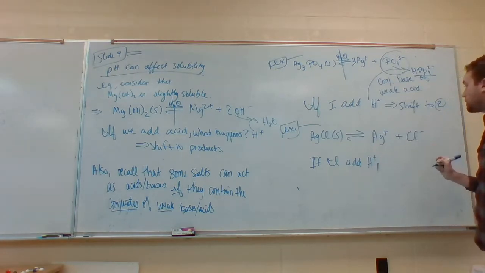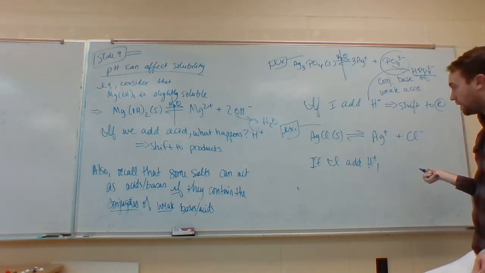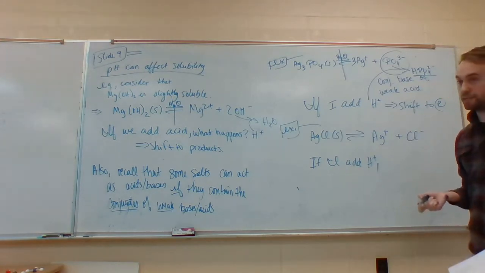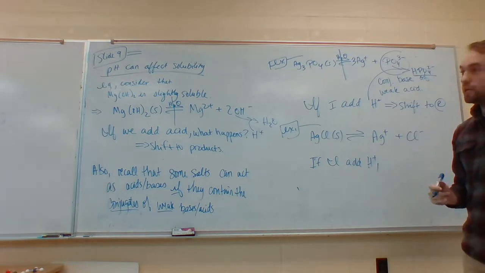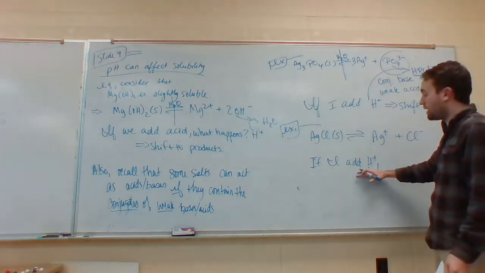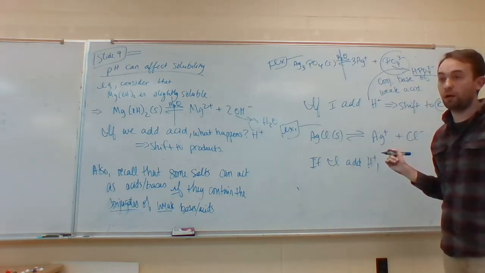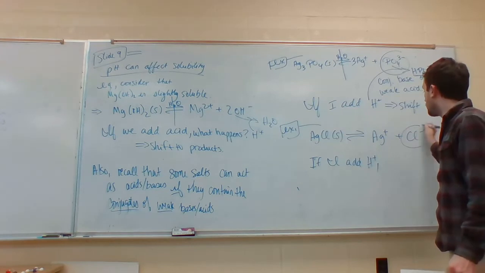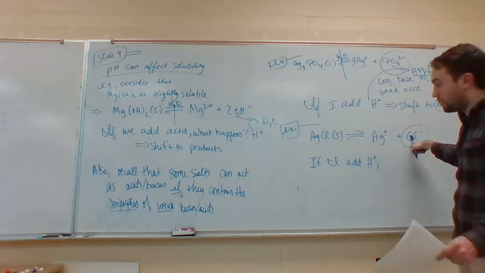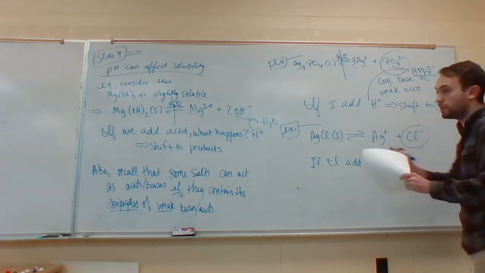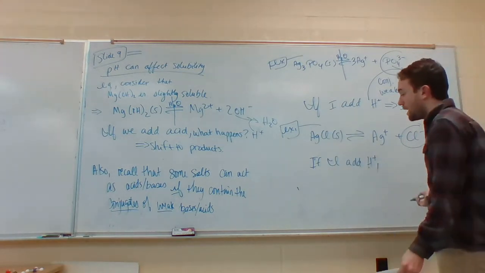Well, the H+ and the Cl-, that's hydrochloric acid, which is a strong acid, which means that it readily gives up its protons. So it will fully dissociate. Adding any H+ isn't really going to affect this equilibrium at all, because it's not going to do anything with that Cl-. If it reacts, it will immediately dump that hydrogen away, because it's a strong acid.